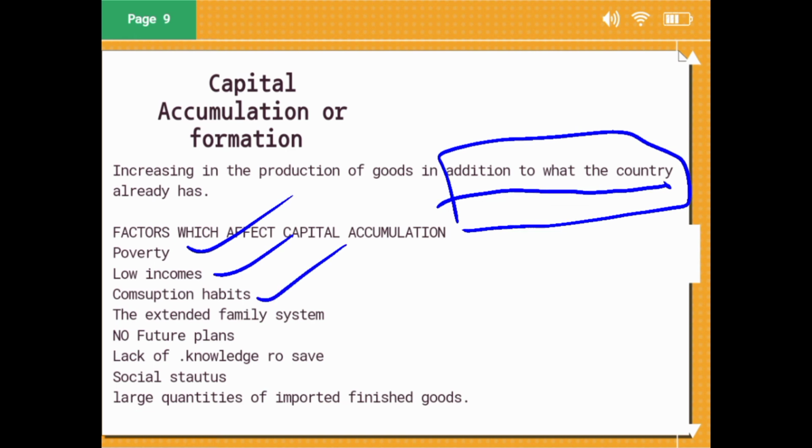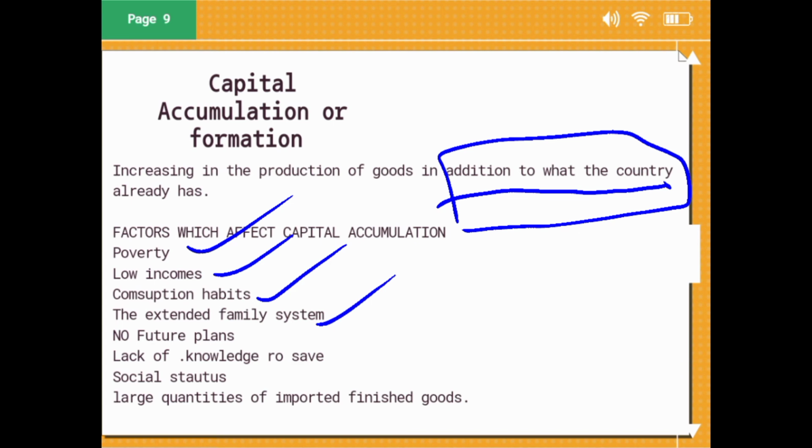Then consumption habits. How do you consume your goods? The extended family system. People tend to maintain the extended family system, and spend too much money on consumption itself.